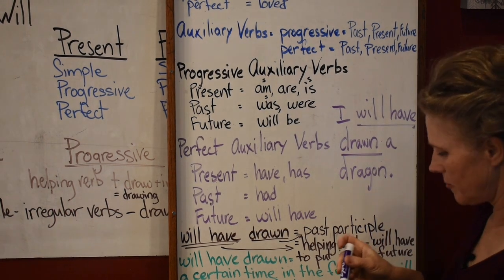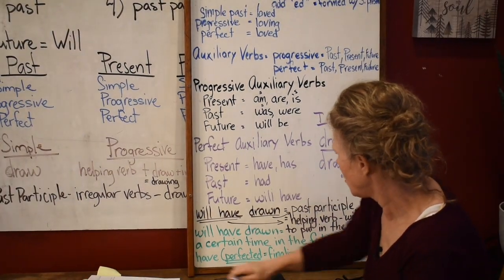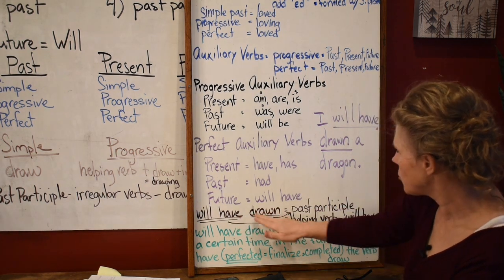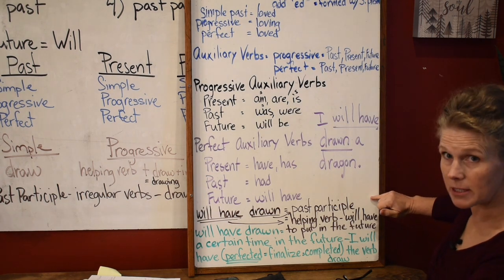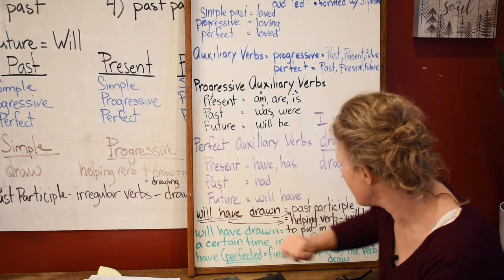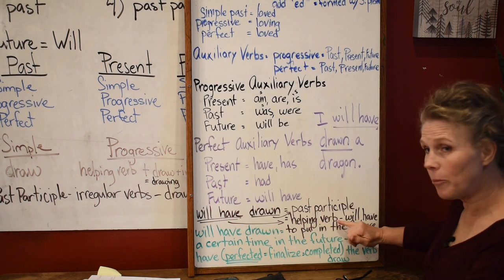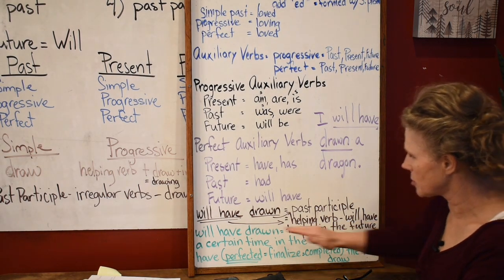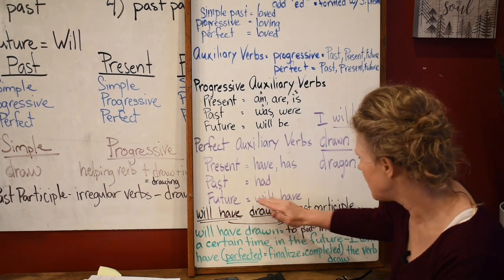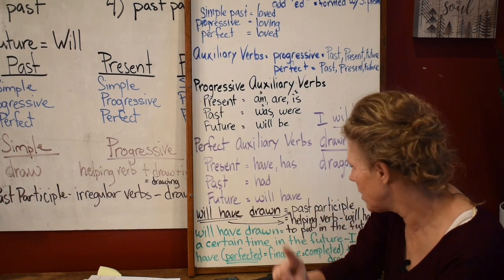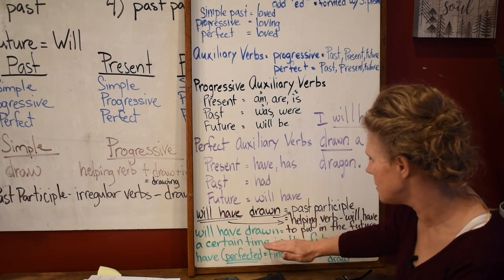So how do you put that in the future? Okay, so will have drawn. So we have drawn as your past participle. You have will have, which are your helping verbs. Will have puts you in the future. Okay? And this puts you in the perfect finalized past.